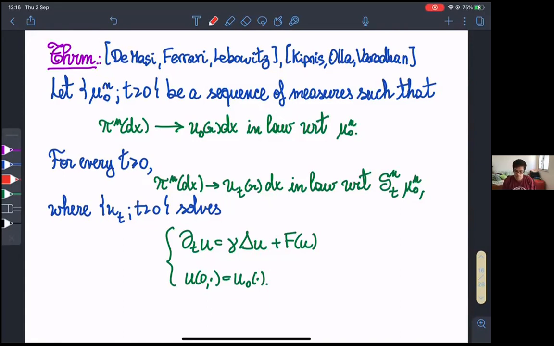So it's a very long paper. I think it's 60 or 65 pages. And then when Guo, Papanicolaou, and Varadhan introduced the entropy method in hydrodynamic limits, they were able to prove this type of theorems for more general systems. And in particular, in the paper of Kipnis, Olla, and Varadhan, there is a note.